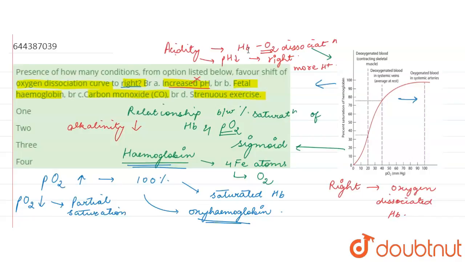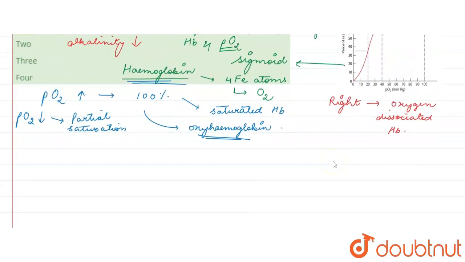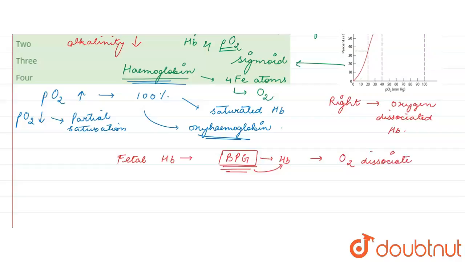Then comes fetal hemoglobin. Now, fetal hemoglobin has less affinity to bind with BPG molecule. What is BPG molecule? BPG is 2,3-bisphosphoglycerate. This is a molecule that has high affinity of binding with hemoglobin. So when this is present, it will start binding with the hemoglobin and oxygen will dissociate from hemoglobin, thus shifting the curve towards the right.